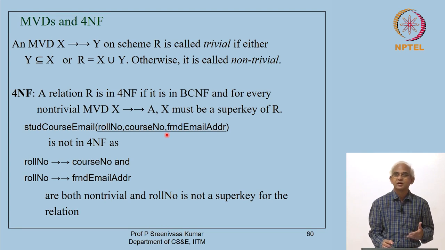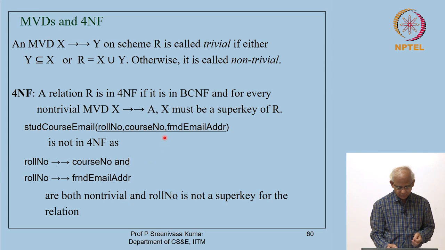That is why there is a theoretical need for a multivalued dependency, and so we define that and say that such things do not satisfy fourth normal form, and they should be decomposed.